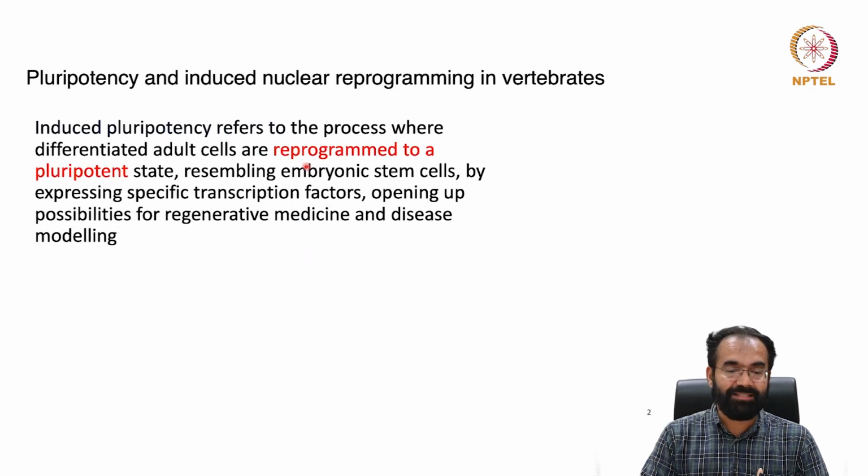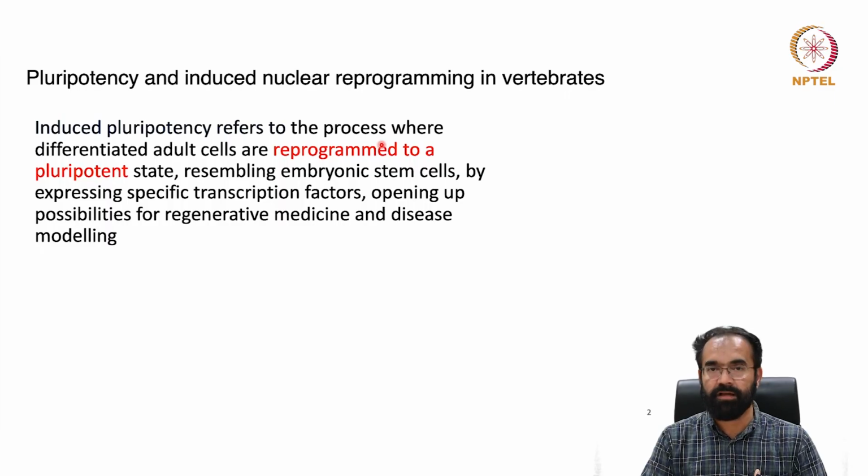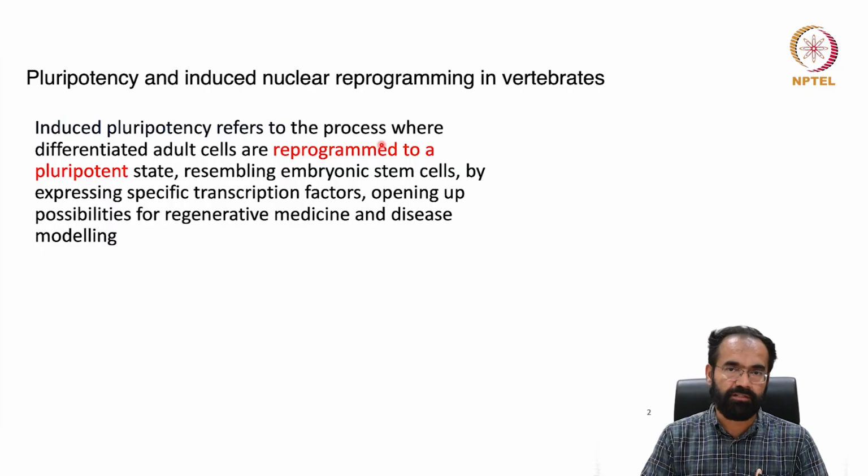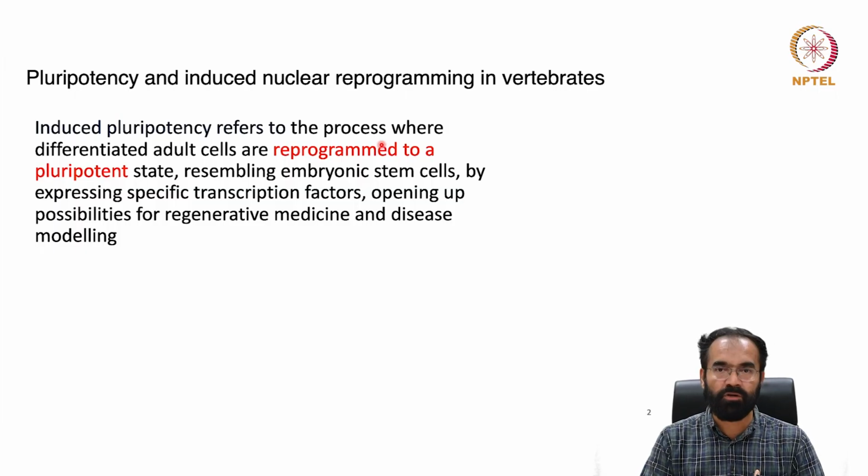So pluripotency and induced nuclear reprogramming in vertebrates is a very well established, well explored research area. You may have heard about different types of animal cloning, like you can clone an animal. Many of you would have seen the movie Jurassic Park, which made use of this so-called concept of animal cloning.